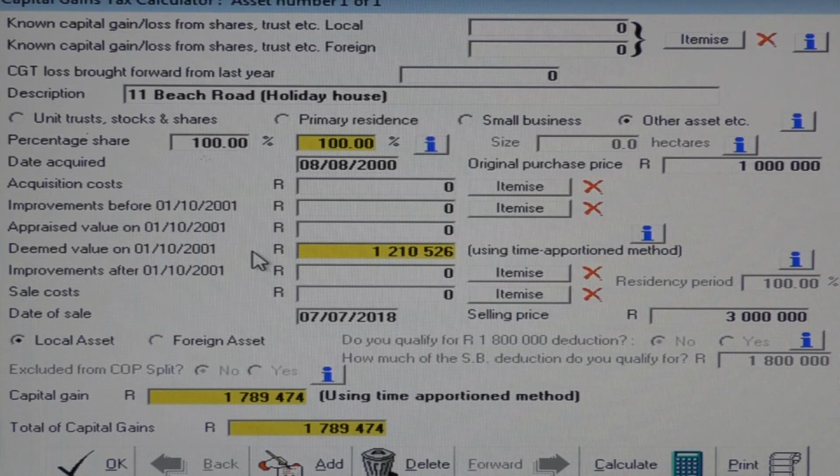This means we add 210,526 rand to the 1 million rand purchase price and we get a calculated or deemed value base cost on 1st of October 2001 of 1,210,526 rand. Subtract this calculated base cost from our selling price of 3 million and we get our gain of 1,789,474 rand.